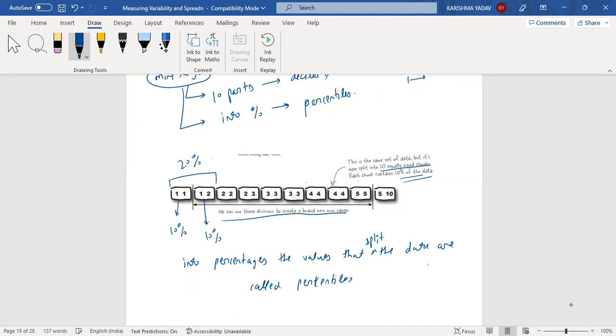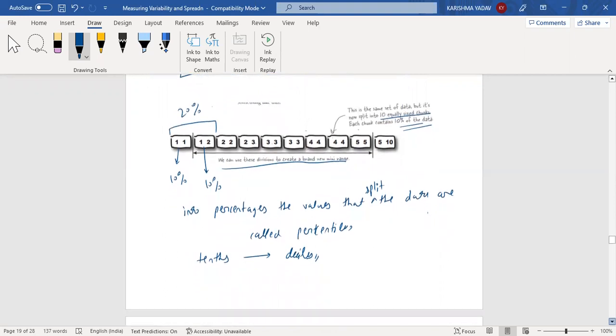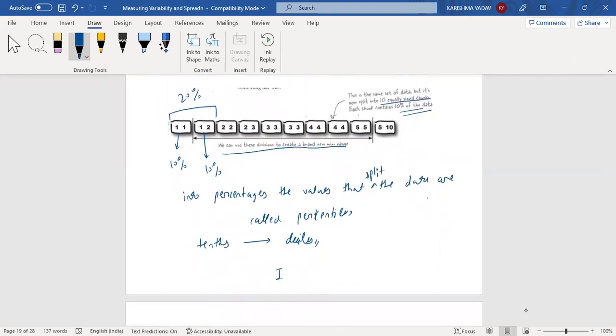If our data is split into tens, into 10 parts, then the data is said to be divided into deciles. We can use percentiles to construct a new range which is called the interpercentile range.